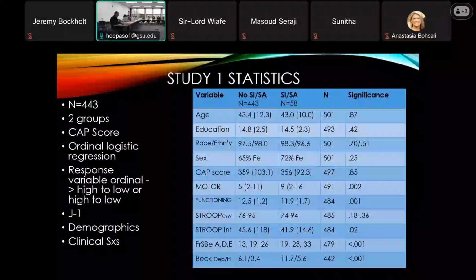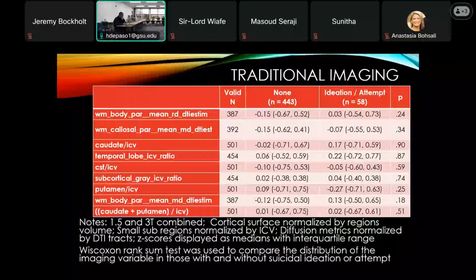In factoring in certain demographics, we were able to find multiple data presented on the tables, as well as other clinical measures. With the imaging variables that we did run statistics on, I presented this data.